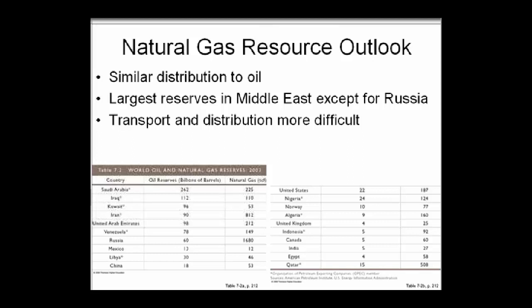And this is a source of income as it's been rebuilding since the end of the Soviet regime in the late 1980s. The United States is low on both, and the other countries listed here, likewise, are relatively minor suppliers other than primarily for their local or regional needs.